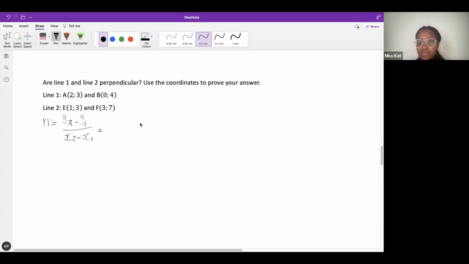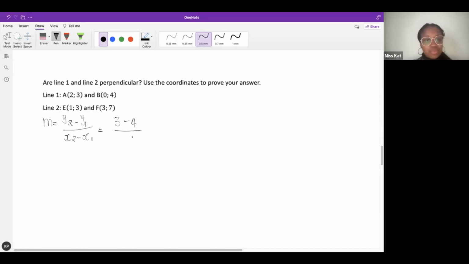And then you're gonna take your 3 minus 2. Are you sure? Remember, it's the other coordinate. So it's the y for A, which is 3, but what's the y for B? I mean 4. There we go.